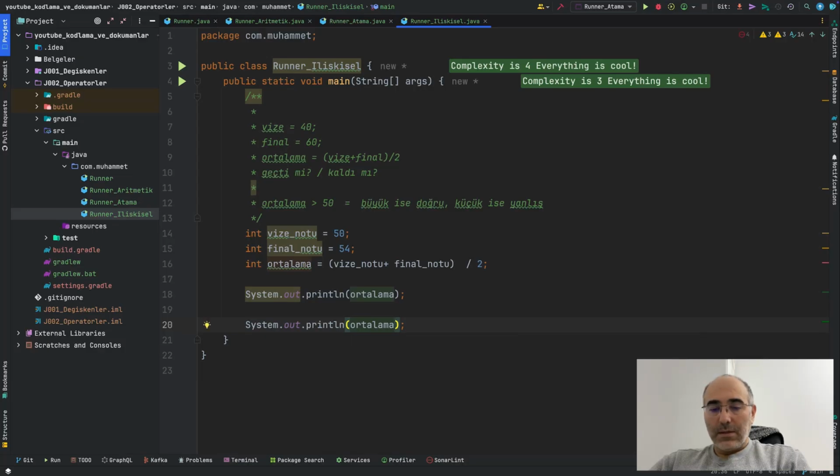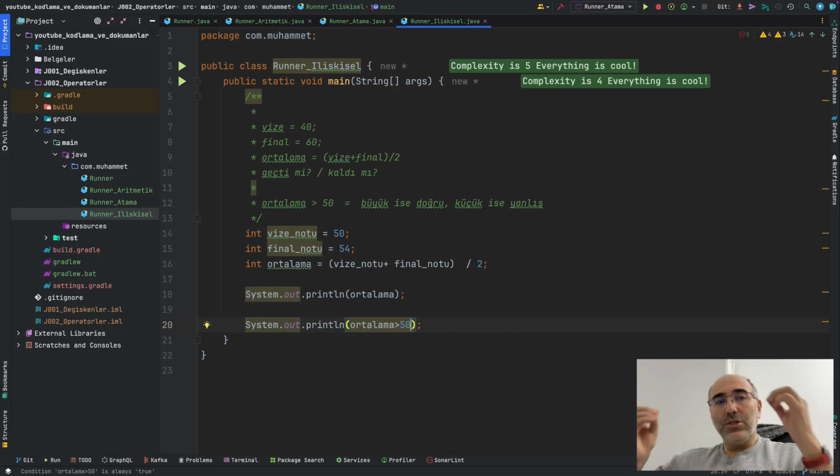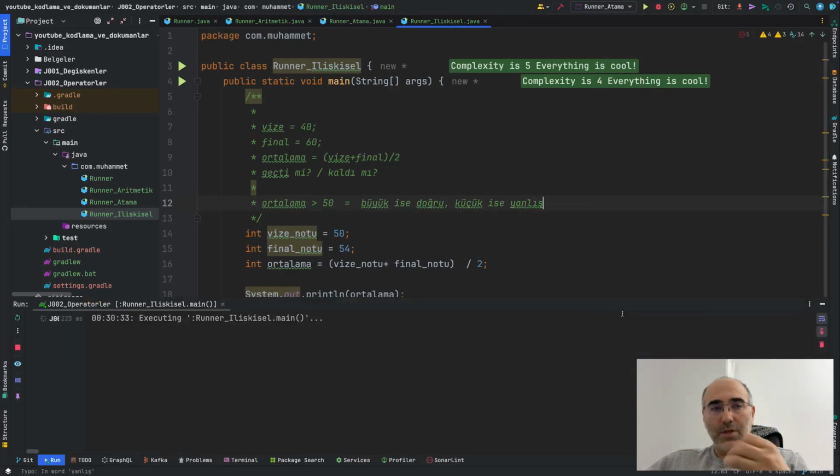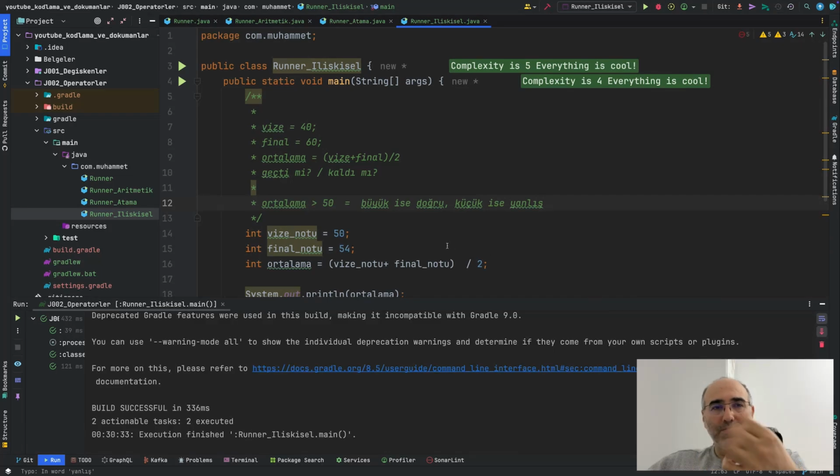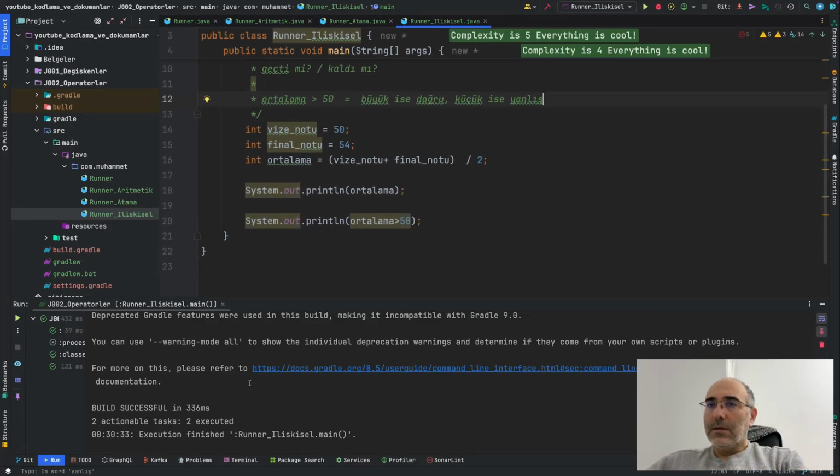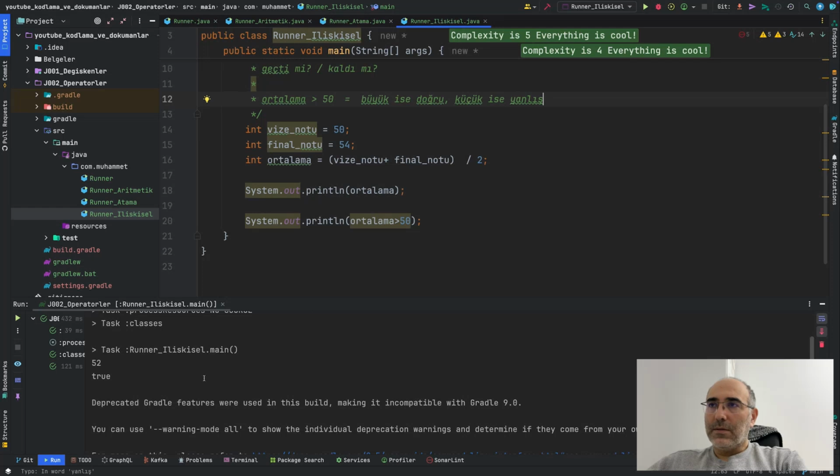I say average greater than 50. Is the average greater than 50? It's a relation, you know. Greater than 50. Let's see, what happens if it's greater? What happens if it's less? Let's look at the result here.